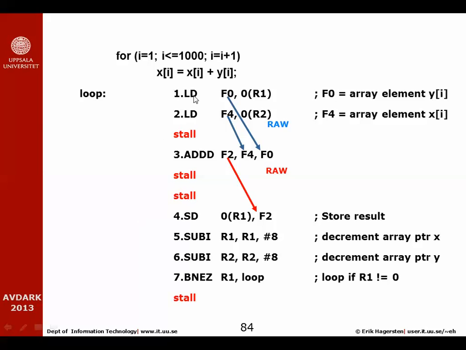There is no stall needed between instruction 1 and 2 because there is no read after write dependence between those 2 instructions. But between 2 and 3, there is a read after write dependence. So we need the same stall here, and we need the same stall after instruction 3. And then, of course, we have the stall in the branch delay slot as well. So we have 2 extra cycles here. So the answer is 11 compared with 9 as we had before.